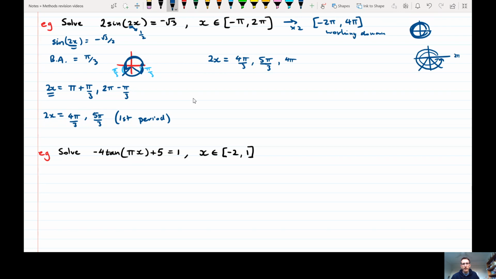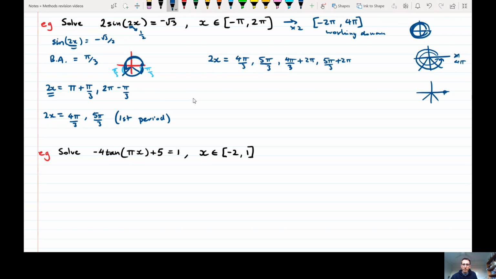So I've got 4 pi on 3, plus that, whoops, that's a terrible way of writing 4 pi on 3, plus the 2 pi. And 5 pi on 3 plus another 2 pi. That's as far as I want to go forward because I've gone around twice and I've got to 4 pi. Now I want to go backwards.